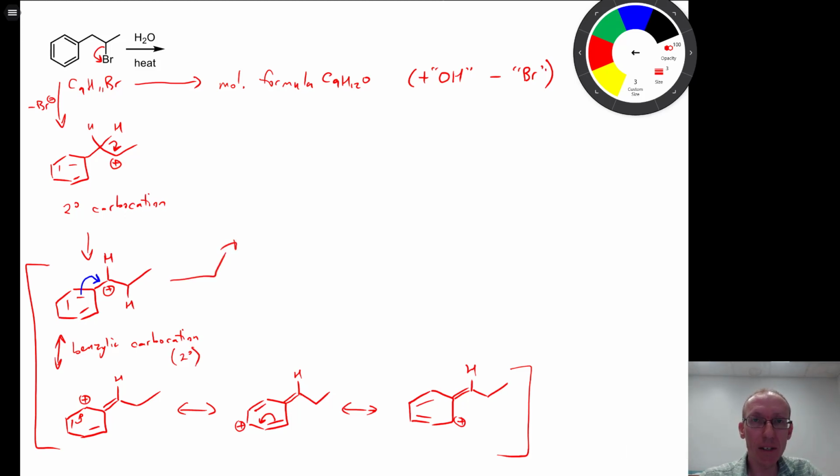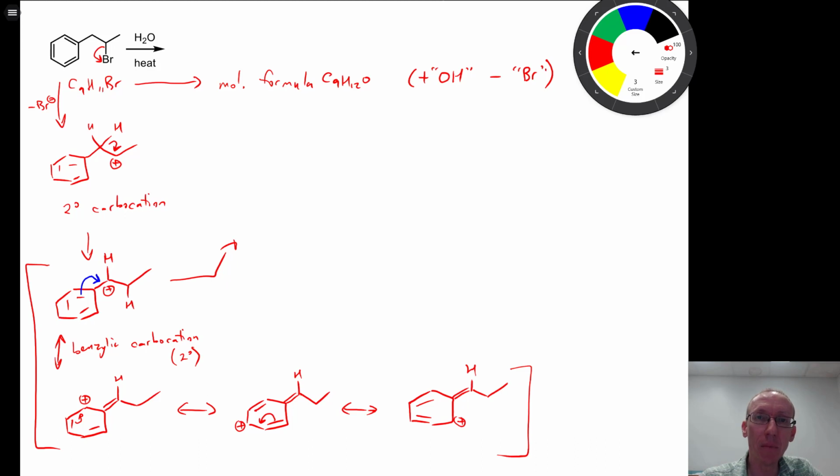Okay, so we can now attack that carbocation with a nucleophile at any of the four positions in those resonance forms that have a positive charge. However, the first resonance structure has a positive charge at the carbon outside of the ring, and if we attack that position, we leave a stable benzene ring intact in the final product.